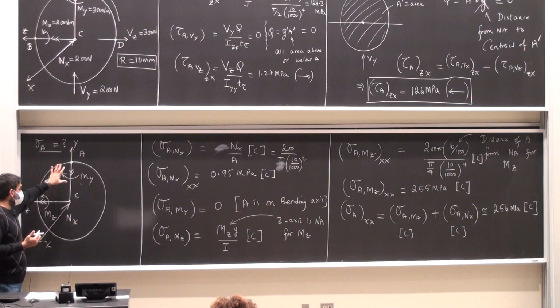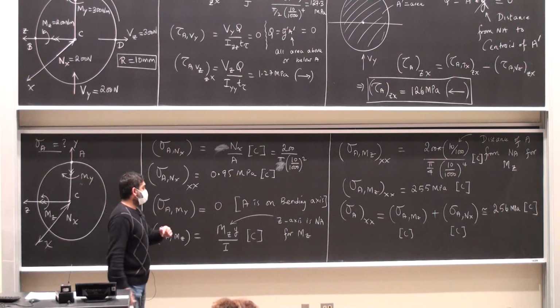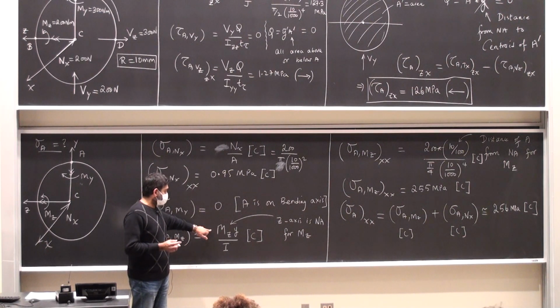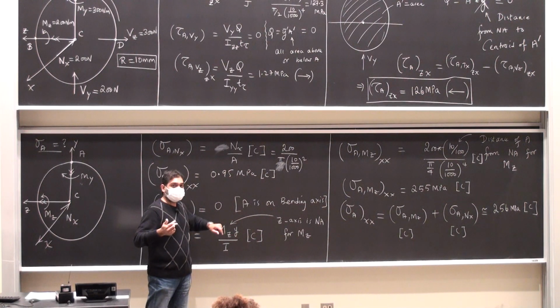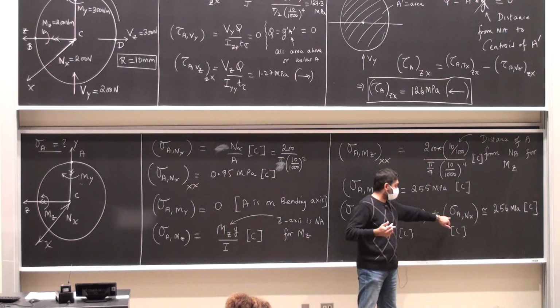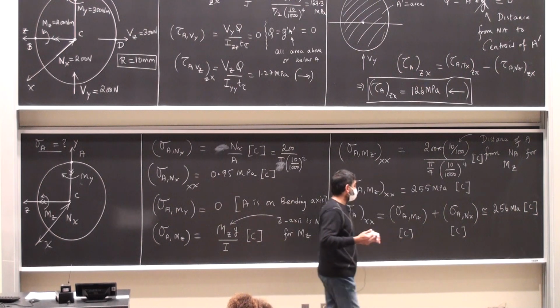It is pushing fibers into the page here and pulling them out of the page, and so it's going to be compressive. One could write it as Mz times y by I, negative negative becomes positive, so one will write it as a positive value, which will end up being counter to the fact that this is also compressive. So then one will end up doing 255 minus 0.9.